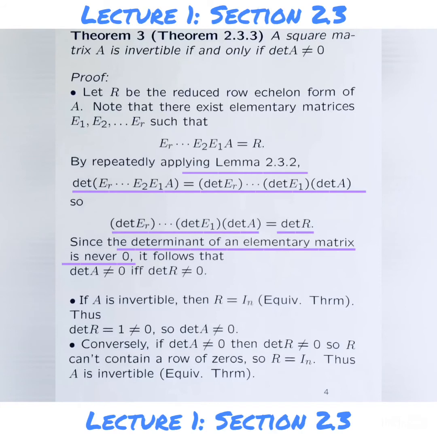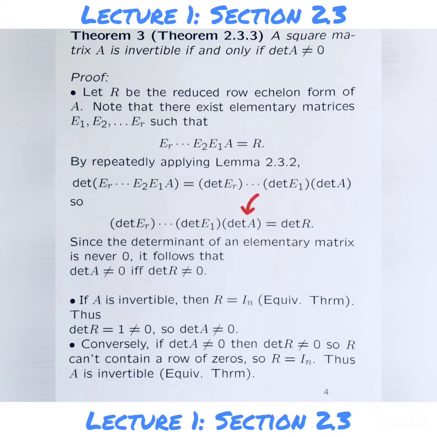And the only way the left-hand side is not 0 is if the determinant of A is not 0. So therefore, the determinant of A is not 0 if and only if the determinant of R is not 0. Okay, so if the determinant of A is not 0, it implies the determinant of R is not 0, and vice versa. If the determinant of R is not 0, then it implies that the determinant of A is not 0.